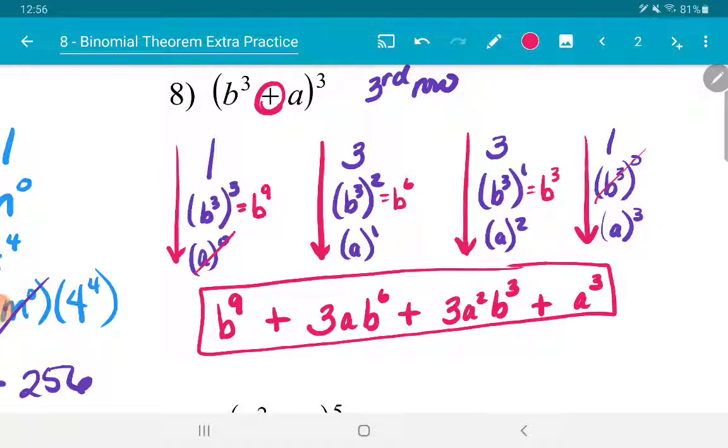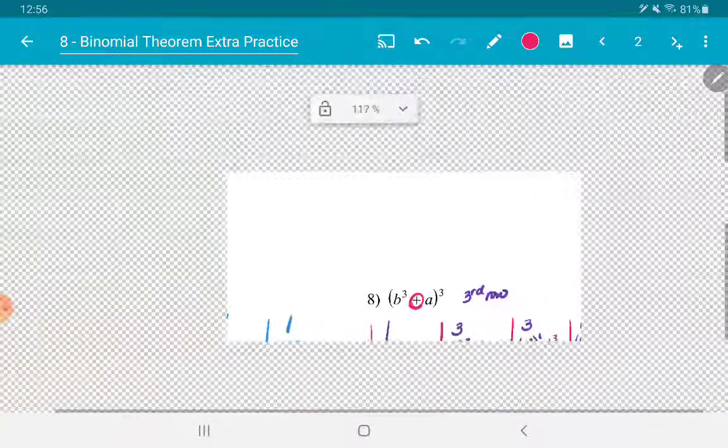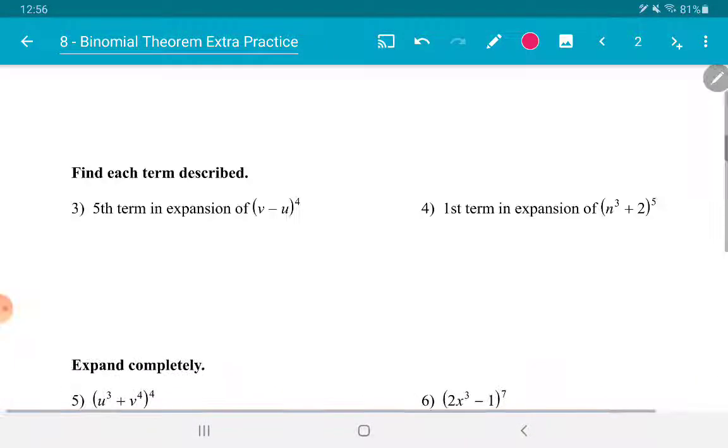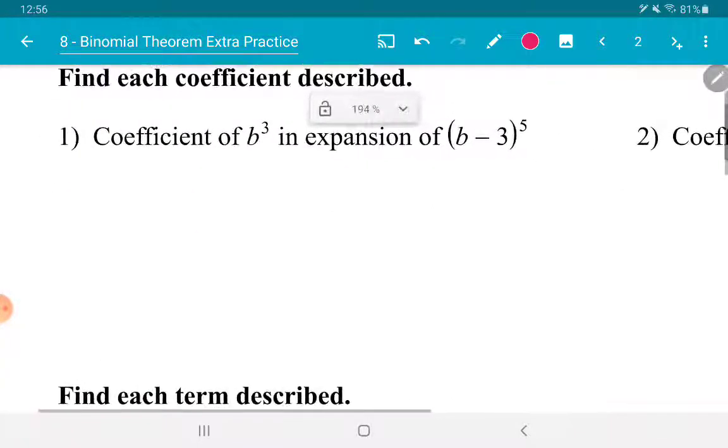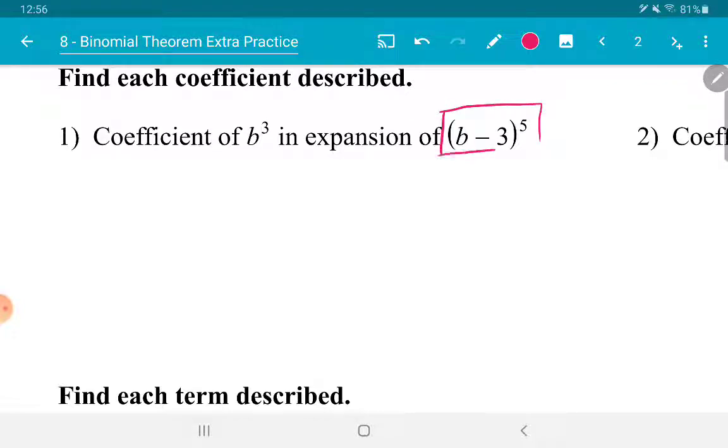Okay? So now if we look at some of these up here, where it's asking for the coefficient of the b to the third, we do the same process, or I do, because it's just the easiest in my opinion. I go, okay, it's the 5th row. So 1, 5, 5, whoops, not 5, 5, 1, 5, 10, 10, 5, and 1.